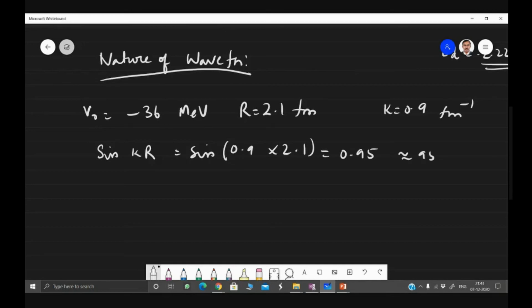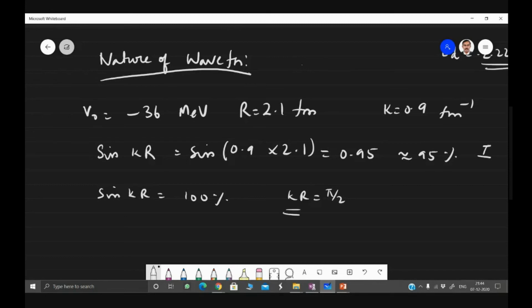In other words, we can say 95% of the wave function, which is the sinusoidal function, contributes in region 1. So sin KR will be 100% if KR is equal to pi by 2. So sin KR will be maximum corresponding to the value of KR is equal to pi by 2.